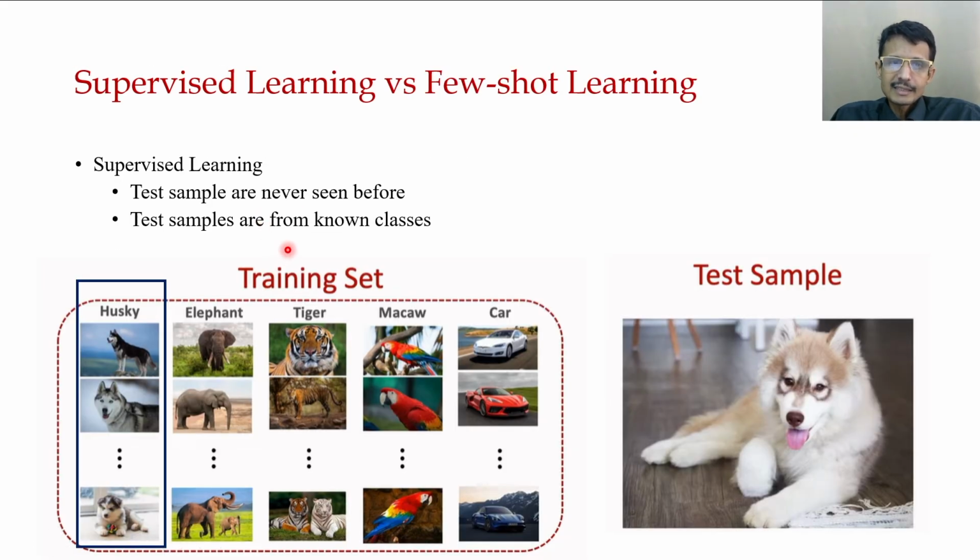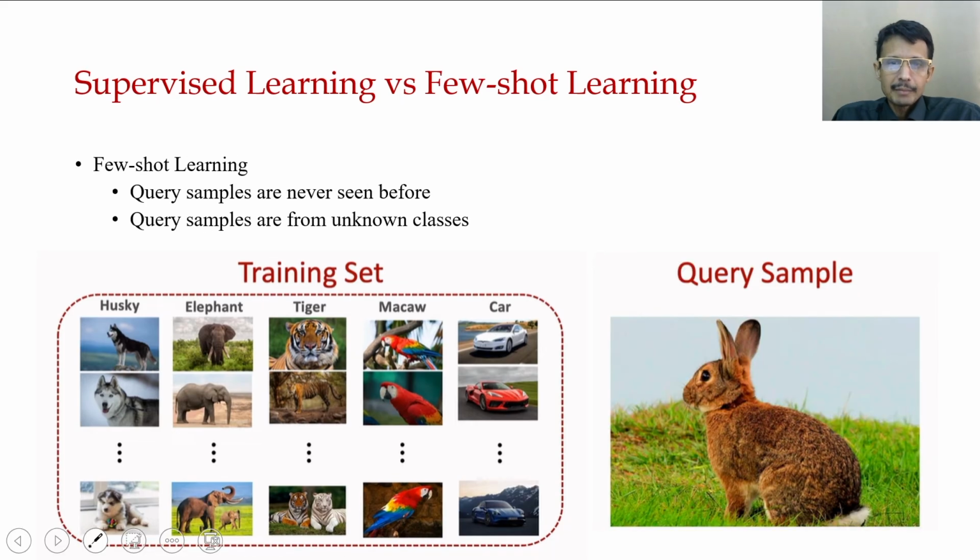Now here we can say the same thing. In supervised learning, this is the test sample, and if it is given, by virtue of this Husky class, test samples are from the known classes, so it can say that it is Husky. But in few-shot learning, this rabbit is not in the training classes. Query samples are never seen before. Query samples are from unknown classes.